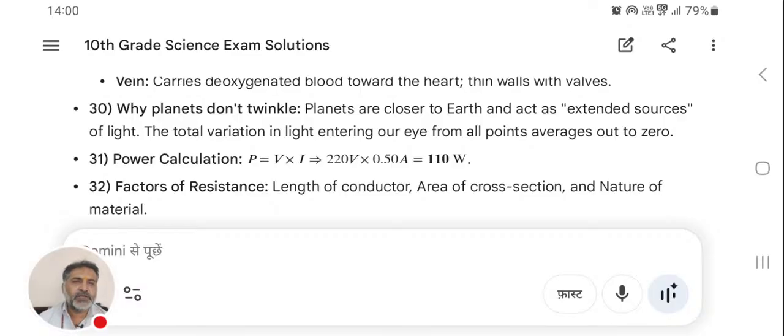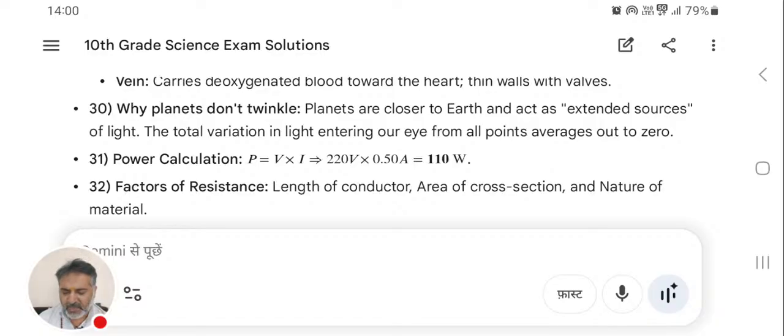The answer is: the planets are closer to earth and act as extended sources of light. The total variation in light entering our eyes from all points averages out to 0.